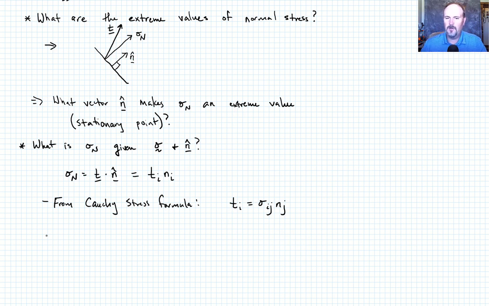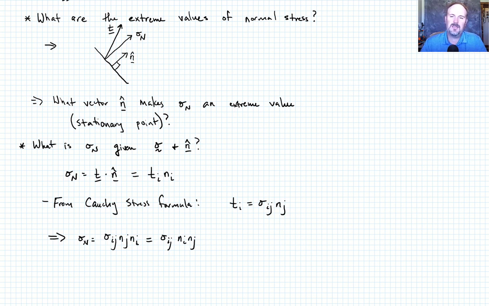Okay, so now we can go ahead and just substitute that into our equation for sigma n and say sigma n is equal to sigma_ij n_j n_i. Or I like to write it, for reasons that are not always clear, equivalently as n_i sigma_ij n_j, right? I can move around any of those terms without changing anything about this equation because it's all written in index form. Okay? So hopefully everybody agrees, that's how we would compute the normal stress on any plane.